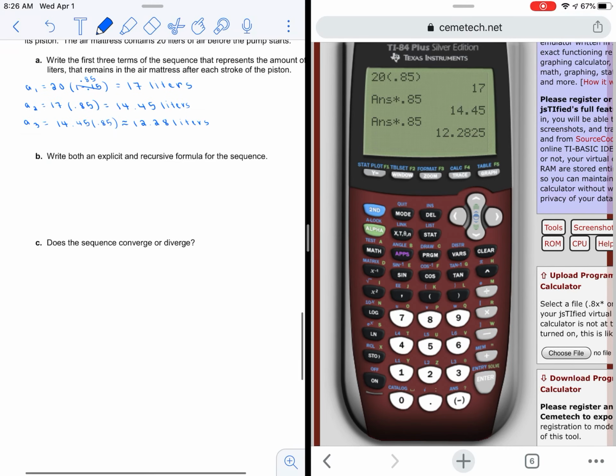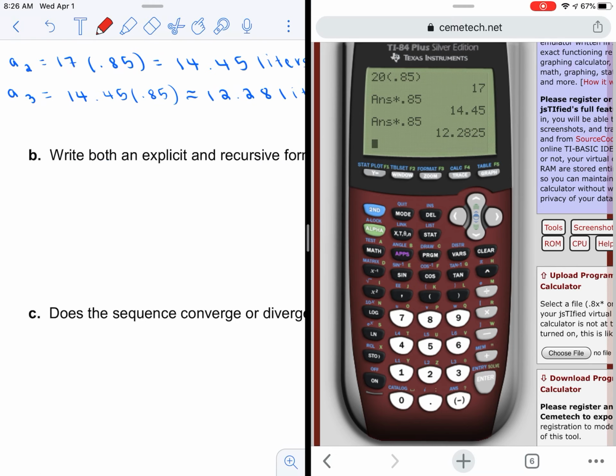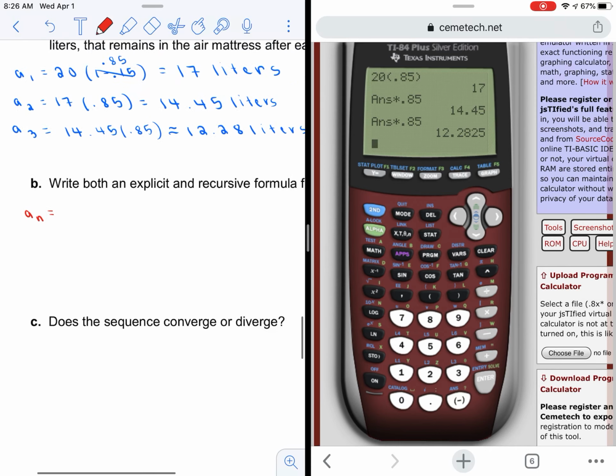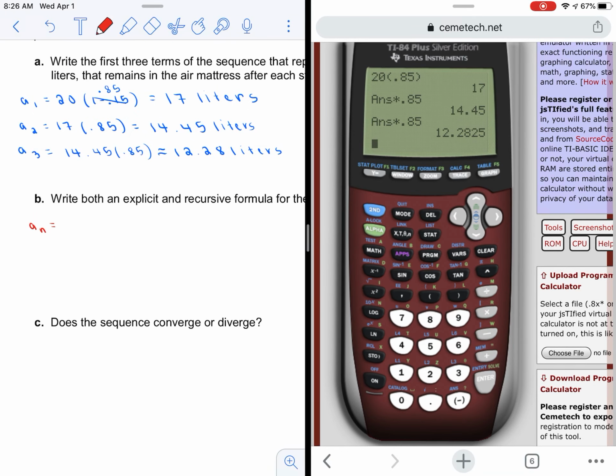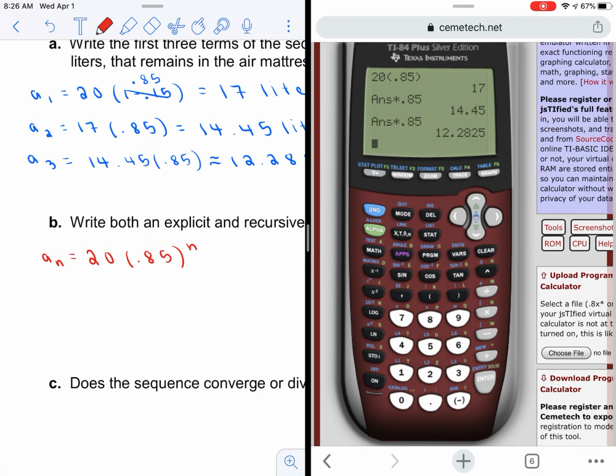Now, if you wanted to write both an explicit and recursive rule for this, let's talk about explicit first. Remember, with explicit, you need to be able to sub in a 3, and that gives you the third term directly. So note that this is really just an exponential equation where 20 is the initial amount, and we're multiplying by 0.85. Now, all I have to do is put n up there, because if I want to find the first term, I sub in a 1.